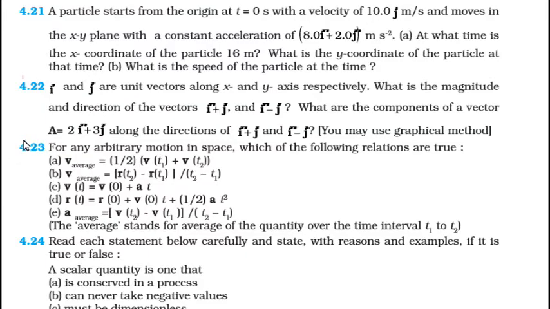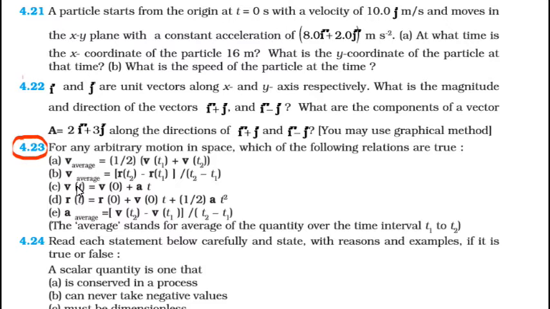Now let us do the next question, 4.23. For any arbitrary motion in space, which of the following relations are true? A. V average is equal to half of V(t1) plus V(t2). B. V average is equal to R(t2) minus R(t1) upon t2 minus t1.